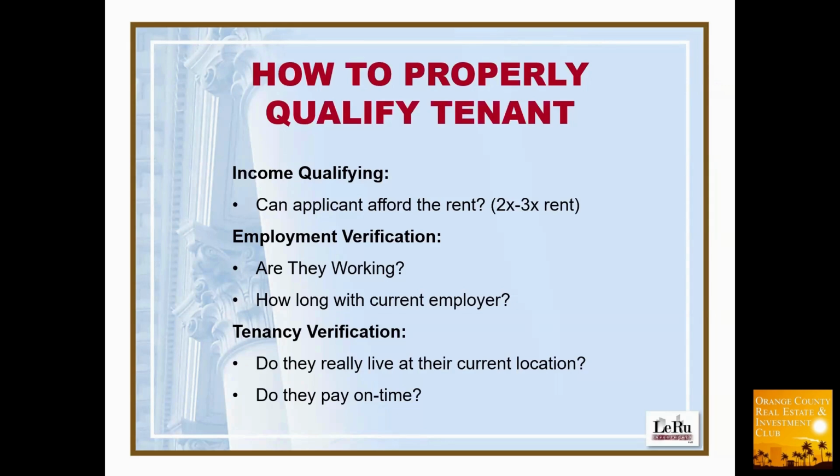But if you make the decision as a property owner that you're willing to say, hey, two times, so maybe the applicant is only earning say $8,000, as long as they are able to afford the rent and have enough for those other additional living expenses, then you can go ahead and use that as a qualifying factor.